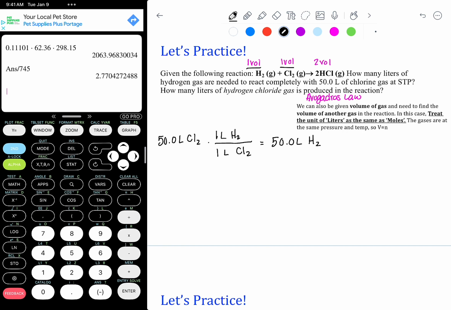You would just start off the problem, instead of converting mass to moles, you would use the liters that you start with, liters of chlorine gas, plug that into PV equals nRT, get out moles of chlorine gas, use your mole to mole ratio to convert to hydrogen gas, then use that moles to then plug back into PV equals nRT.